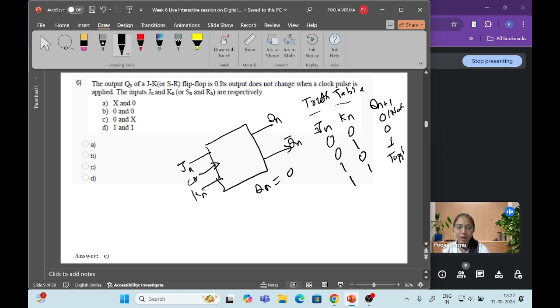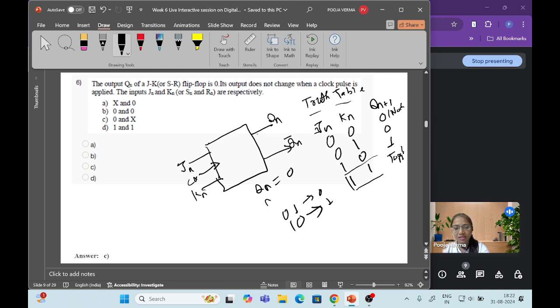Whether the inputs are 0 1, then it will be 0, and whether the inputs are 1 0, then it will be 0. If the clock pulse is applied, the output will not change, respectively. And in case of 1 1, it will toggle.